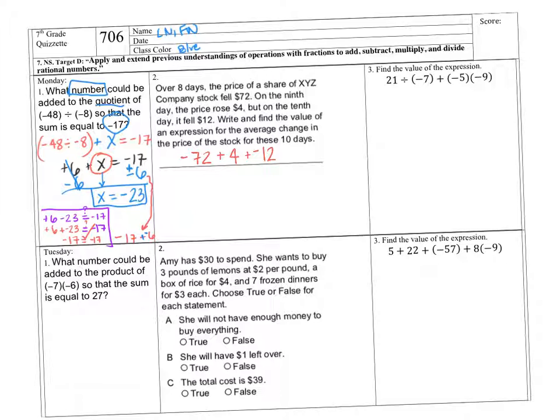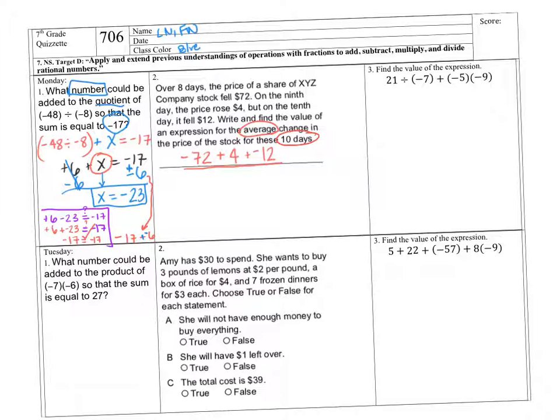Write and find the value of an expression for the average change in the price of stock for these 10 days. Okay, so the expression we're going to write is negative 72 plus 4 plus negative 12. When they're asking us about average, that's when you divide the sum of all of the days, and then you look at the total amount of the quantity that they want you to find the average of.